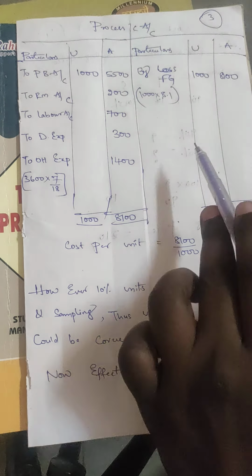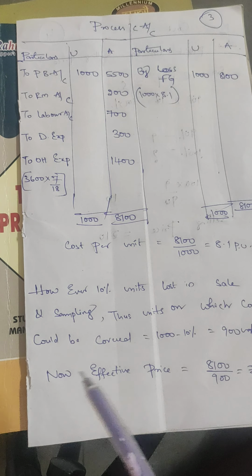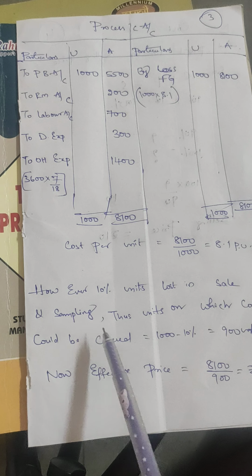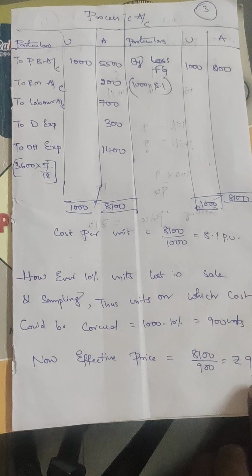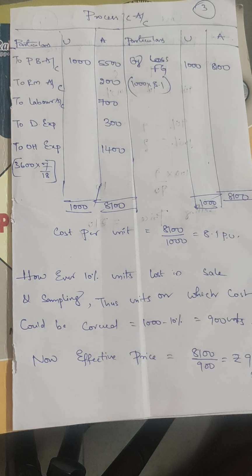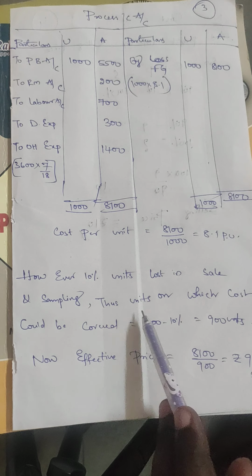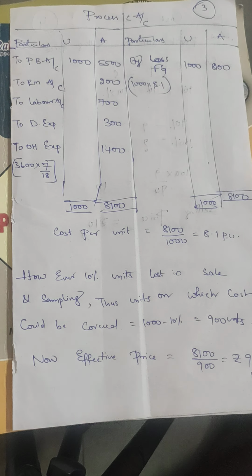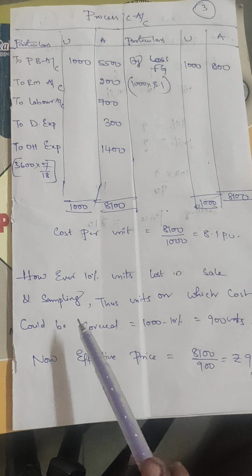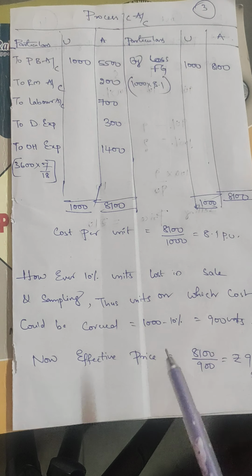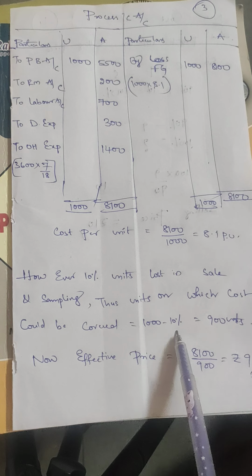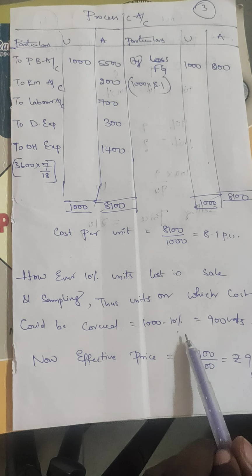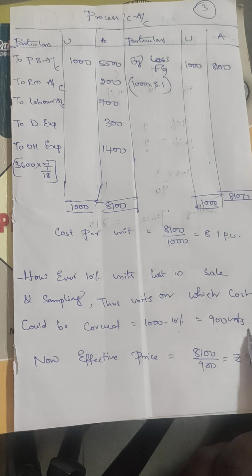Now the actual part starts. After completing the finished product, he told that 10% of units are lost in sale and sampling. That means at the time of sale they lost 10% of their units. So how many units will be there now? 1000 minus 10% of 1000, so it will be 900 units.